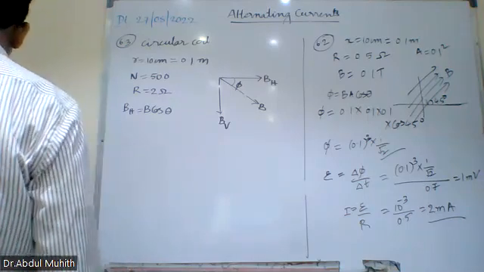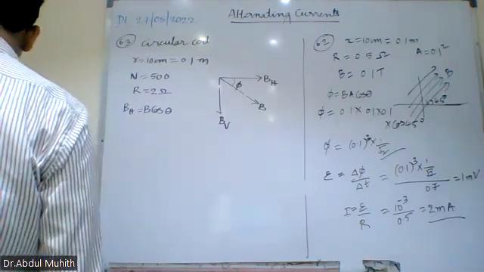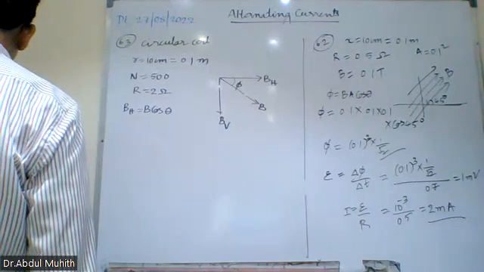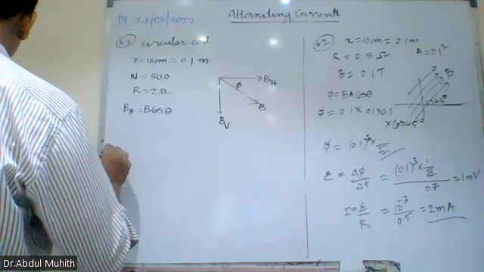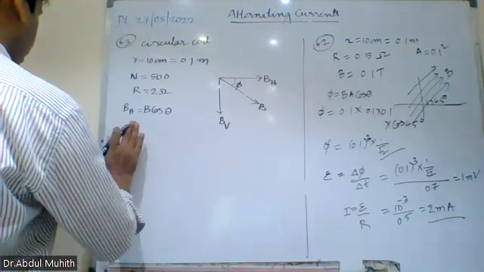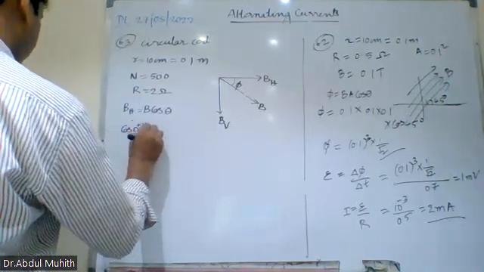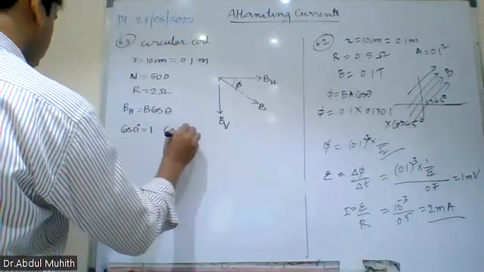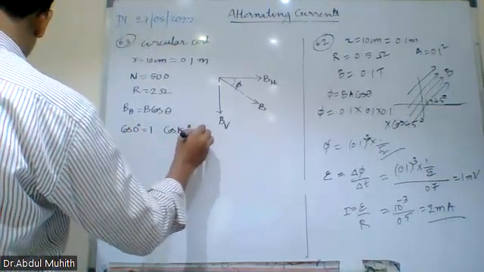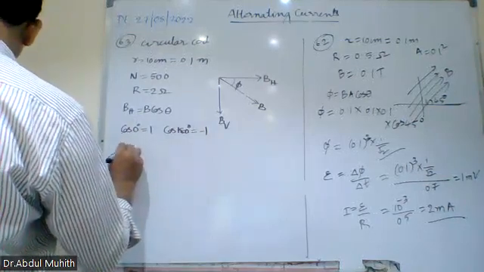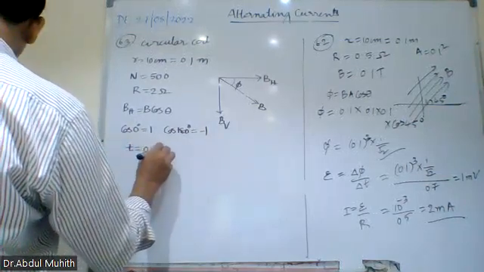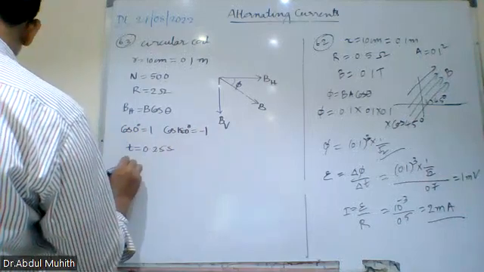The horizontal component of Earth's magnetic field is rotated about its vertical diameter through 180 degrees. So theta goes from cos 0 degrees, cos 0 is 1, to cos 180 which is equal to minus 1. In how much time? T is equal to 0.25 seconds. Estimate the magnitude of EMF.